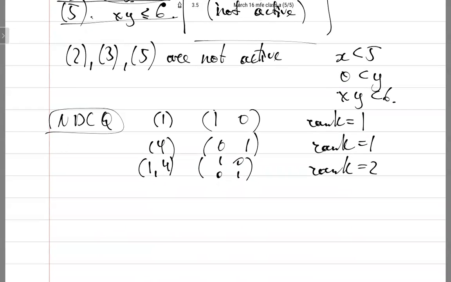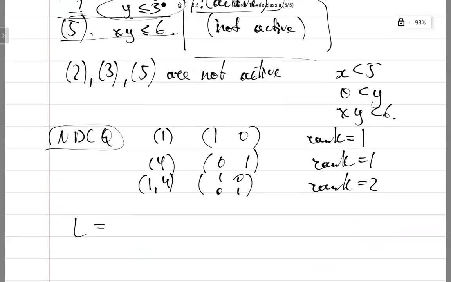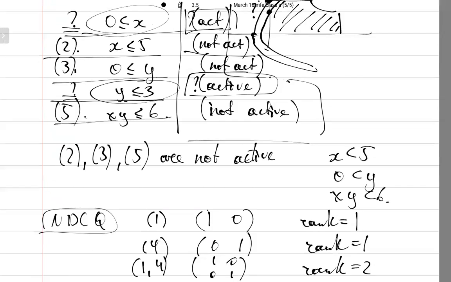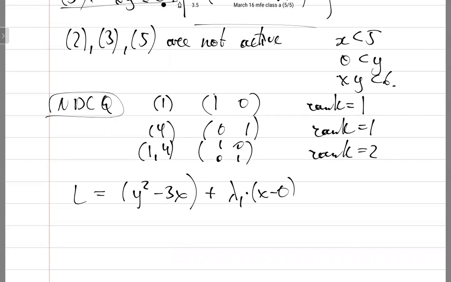Okay, so I will introduce a Lagrangian function. We need to maximize y squared minus 3x plus lambda 1 times x minus 0 plus lambda 2 times 3 minus y.